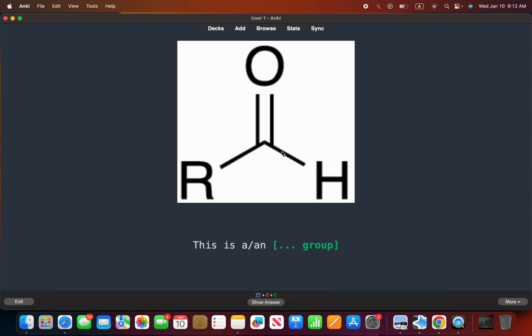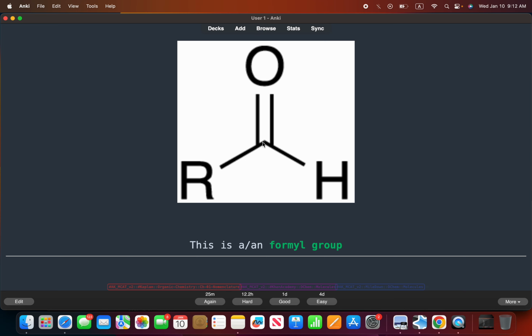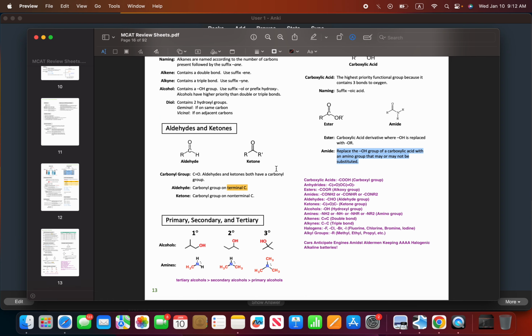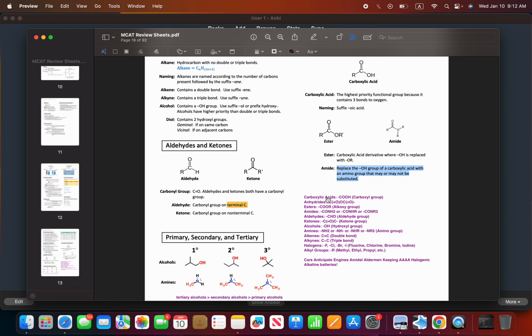So this is a what group? This is an aldehyde group, formyl group. So for aldehyde, we have formyl.